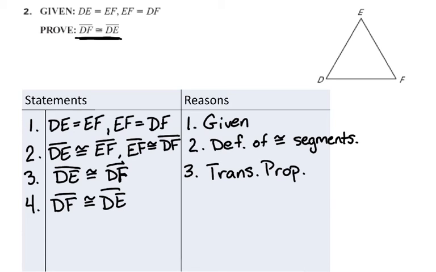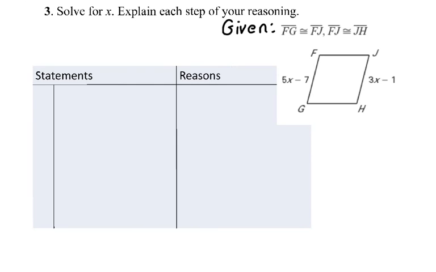And when we flip things around, that is using the symmetric property. Okay, and that is it on this second proof. Let's go to another one.